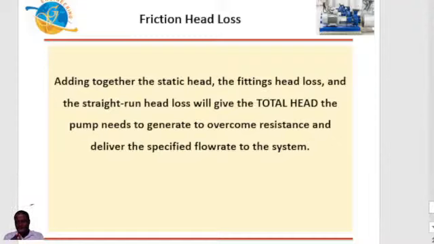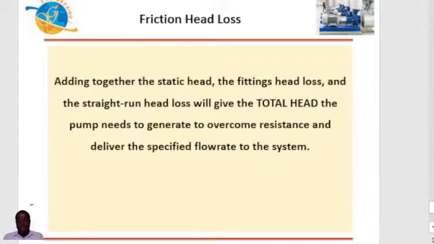So that is why you need to critically look at the overall design of both your piping systems and, of course, what you have available on the site, so that you can know to which height the discharge tank is placed. What are the fittings available in both the suction and discharge piping arrangement?